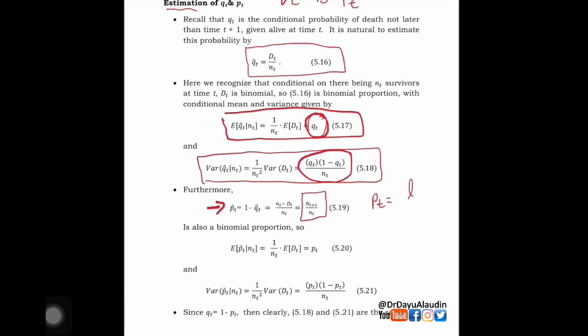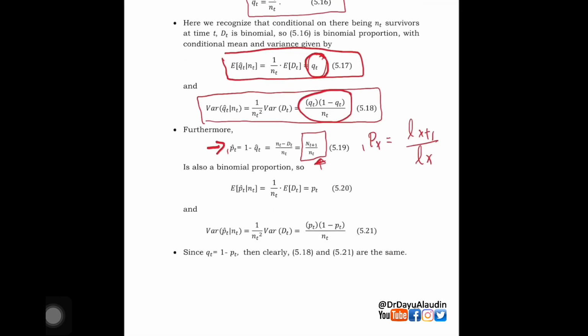So it is p_x, for 1 year: l_(x+1) over l_x. So same as here, this one we use in terms of number of samples: n_(t+1) over n_t.